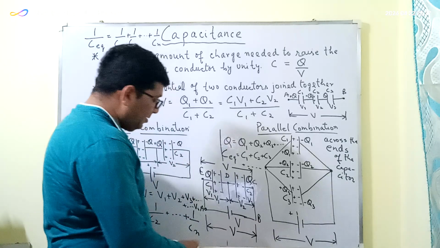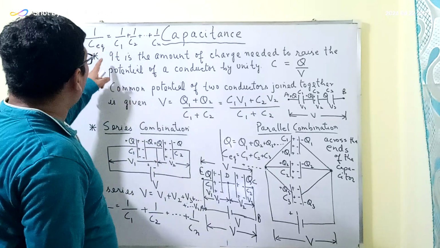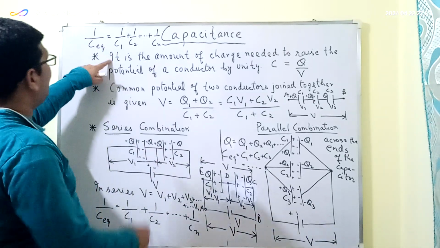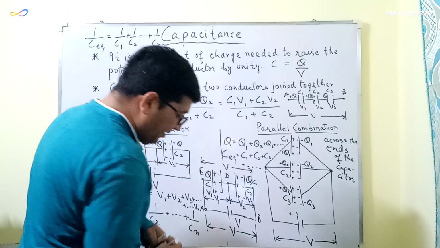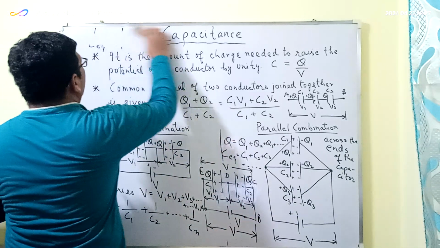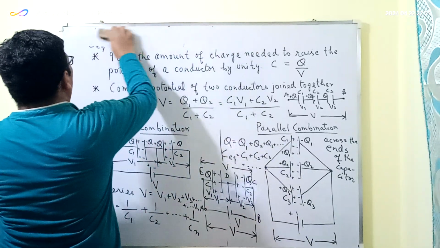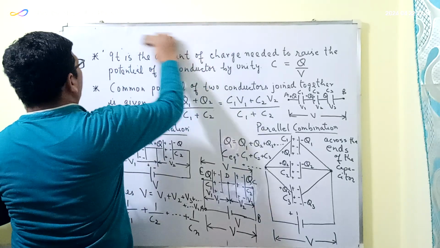Now, sir, shall I note these? Now you start writing all these points from here. This is the first point. You can write down each and every point. ठीक है? This is the first point.